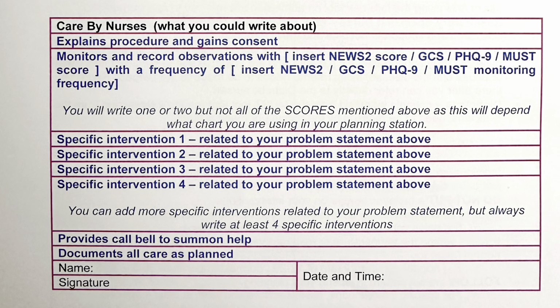What's my step number 8? Provides call bell to summon help. And my step number 9 is document all care as planned. So those 4 things already, they're applicable to any care plans that you do. What will only differ is the 4 specific interventions depending on what your nursing problem or need is.